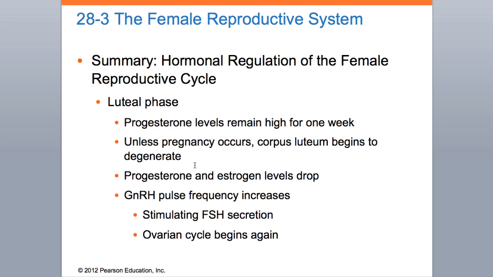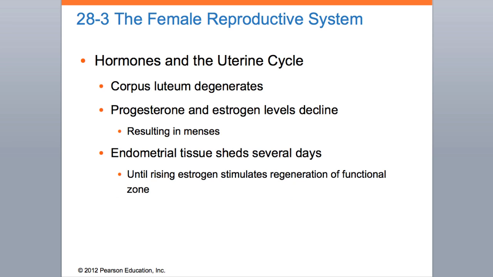Otherwise, it will degenerate. Okay? And again, the ovarian cycle starts all over because FSH is told to stimulate. Okay. So again, keep the positive feedback, negative feedback thing on page 1066 in mind, along with page 1067.